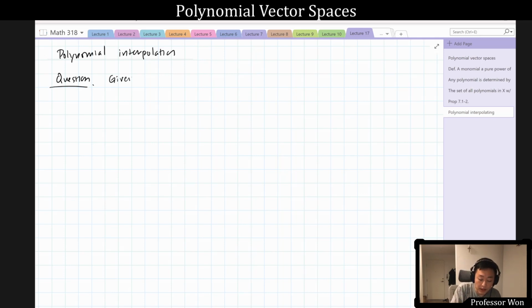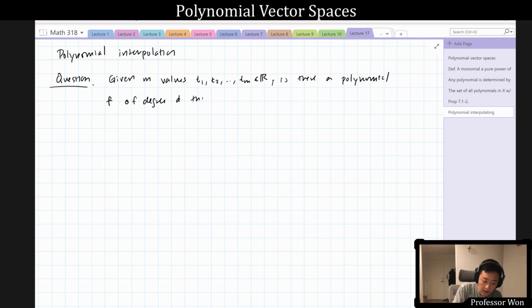Given m points, I guess I should say m values really, t1, t2 up through tm in R, is there a polynomial f of degree d that has values beta 1 up through beta m at the points t1 up through tm? Okay, I see why they're called points in the notes now.